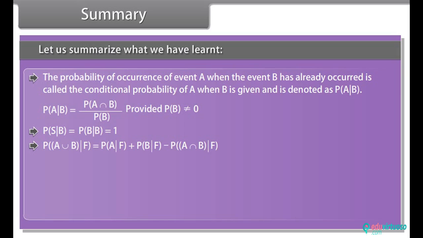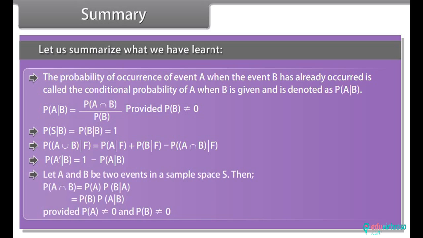P(A union B | F) equals P(A | F) plus P(B | F) minus P(A intersection B | F). P(A dash | B) is equal to 1 minus P(A | B).